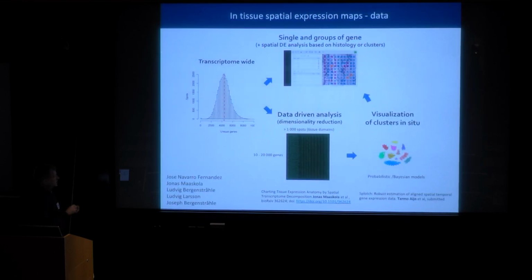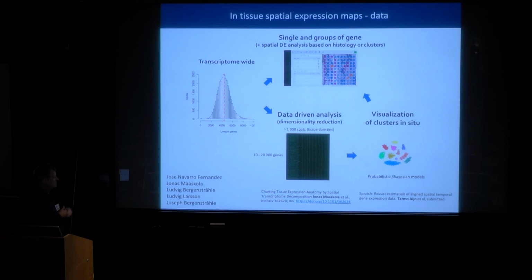Each spot then carries a few thousand genes, and then you could select and look for your favorite gene, overlaying it with the histology. That's a low-hanging fruit. But I think the most exciting part is the data-driven analysis. What kind of patterns do we see in data?